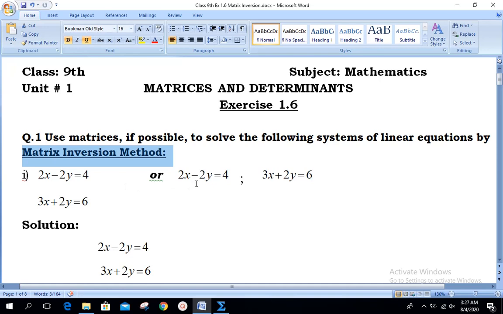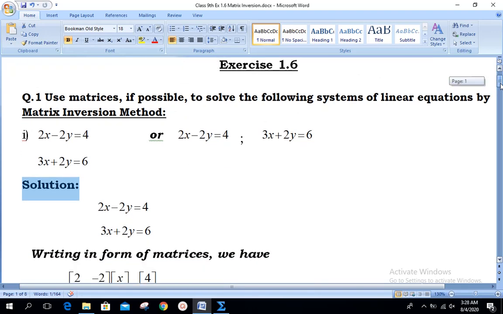But if it is coming in horizontal order, you are advised to convert it into this vertical frame, then the working will become very easy for you. Starting our solution, you can see that I've written the same equations in vertical order. I've already told you that they may come in your exam in horizontal order or in vertical order. If they are in vertical order, it's okay. If they are in horizontal order, you need to convert them into vertical order.